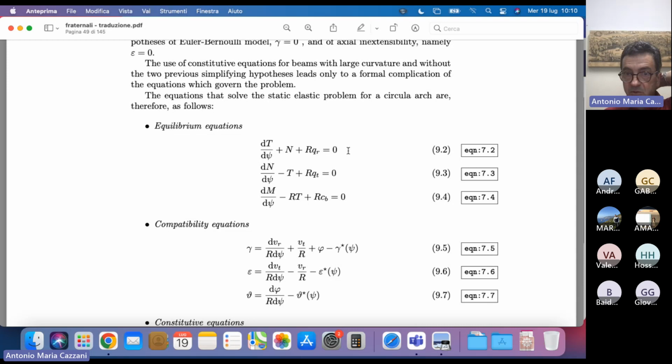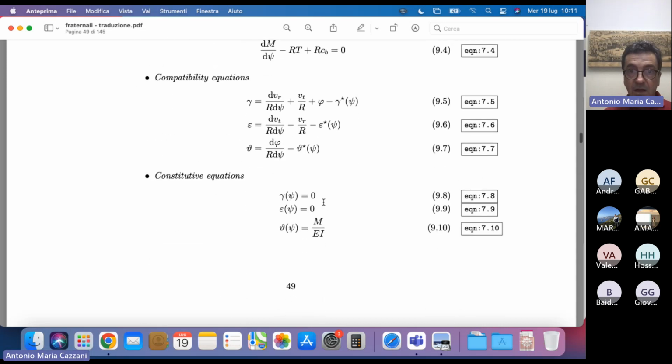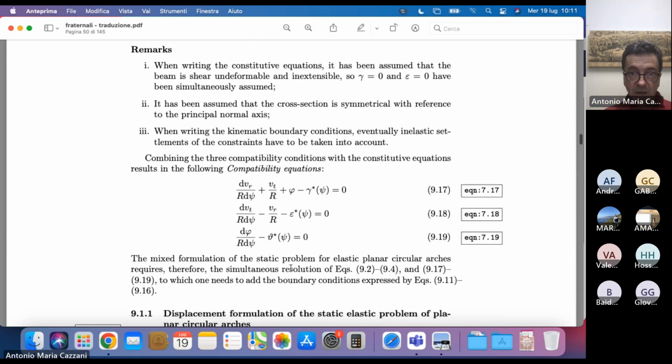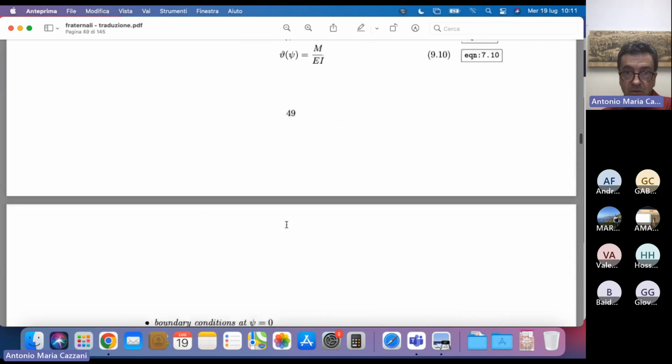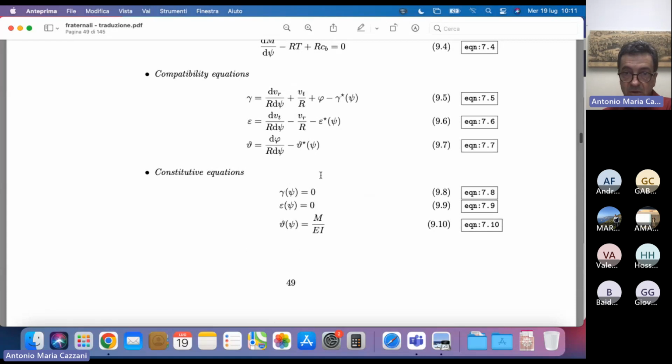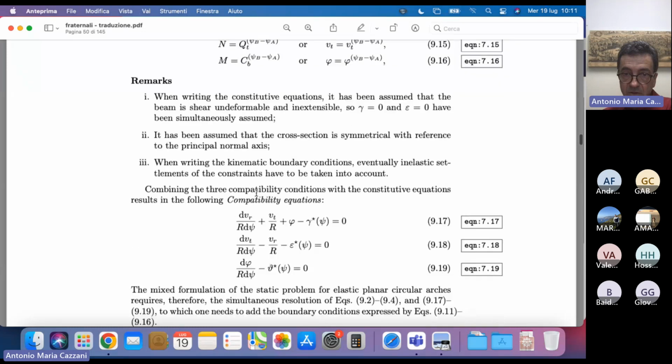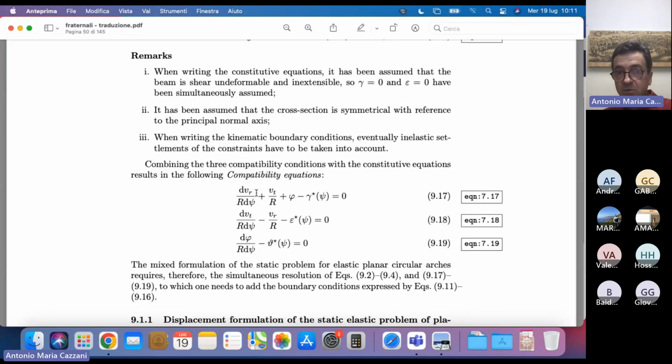So differential equations in terms of equilibrium, which connect the generalized forces to the applied loads, and then this set of equations which are the compatibility conditions, which are connected by the constitutive law to the generalized internal forces. So a system of 6 differential equations and 6 unknowns must be solved.